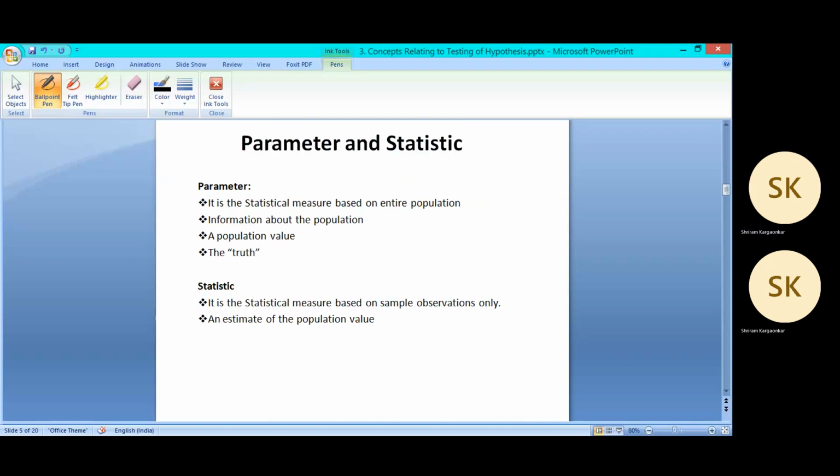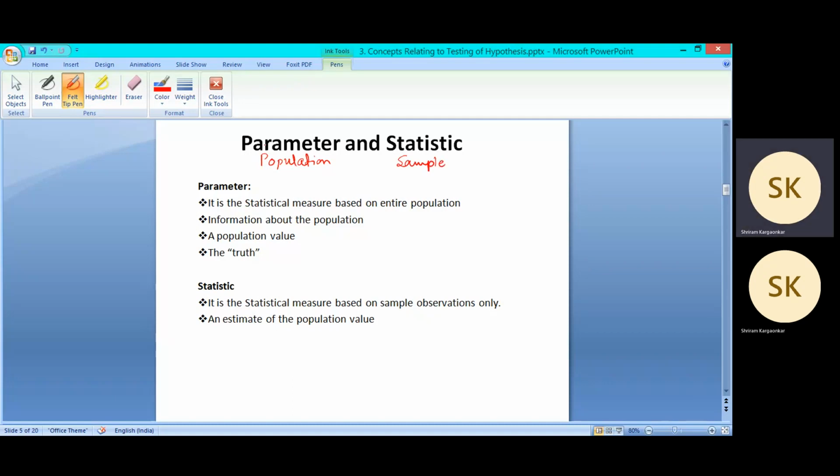So the next definition is parameter and statistic. This is a very important definition, so we must understand it. In the earlier definitions, we talked about the population and then the sample.